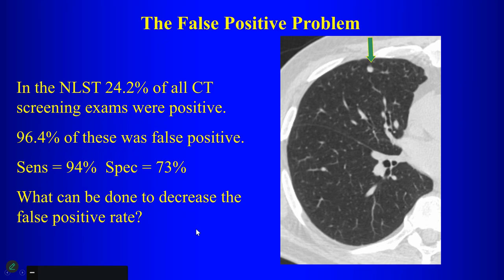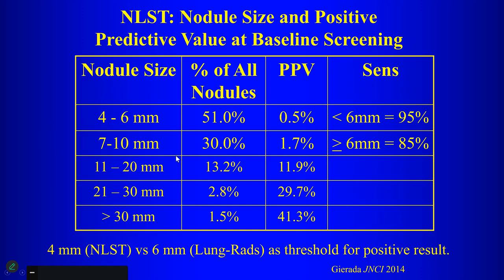So what can be done to decrease the false positive rate? Well, this is why, comparing to the lung cancer screening trial, we increased the size of an actionable nodule to what? 6, right. So 6 is the cutoff value, 6 millimeters. So you'll see that for nodules of 4 to 6 millimeters, the positive predictive value is extremely low.